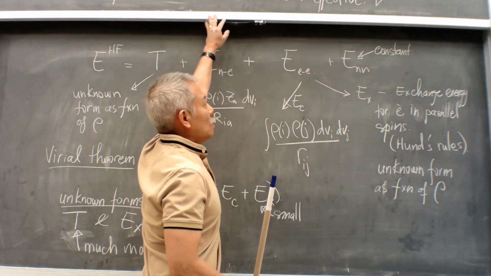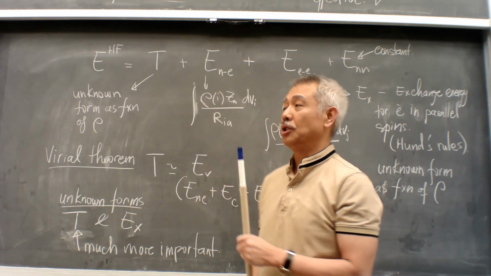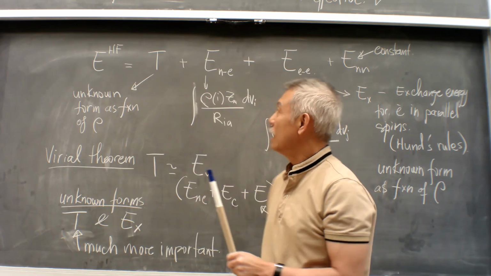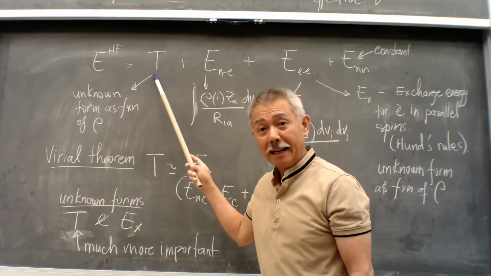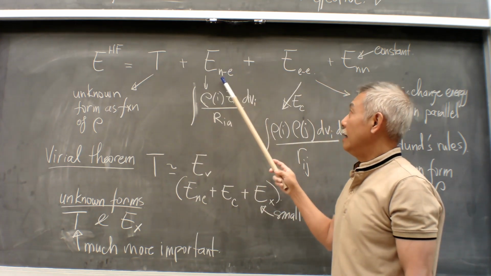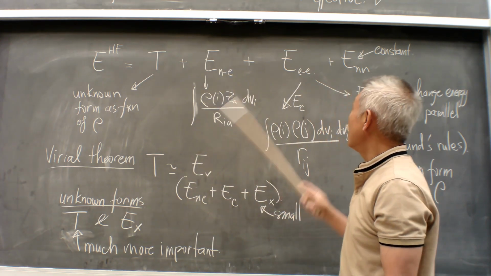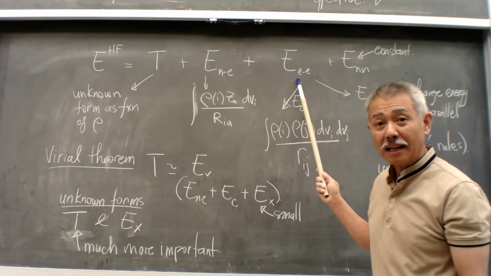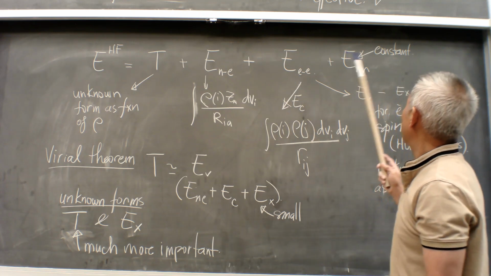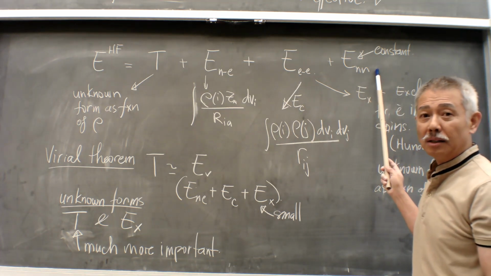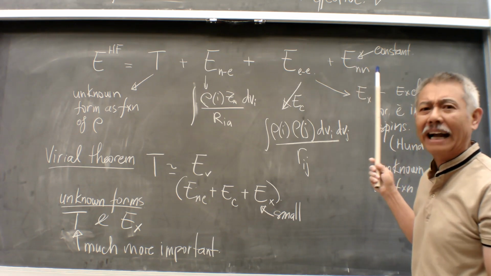So let's analyze it from the Hartree-Fock energy expression. The energy of the system has the kinetic energy, the potential energy from the nuclear-electron attraction, the electron-electron interactions, and the constant nuclear repulsion that we don't have to worry about but have to tag along.